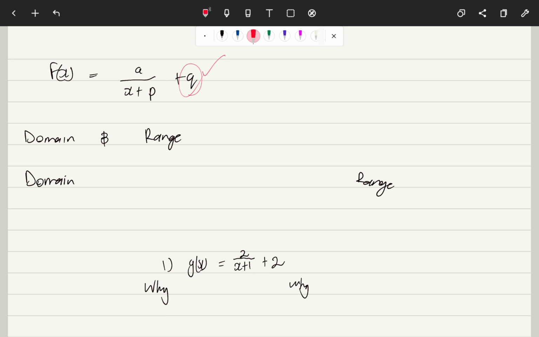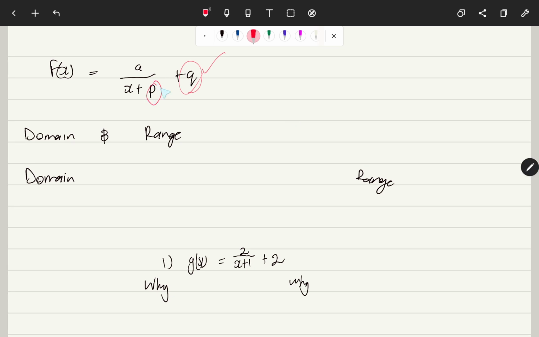And then for P, we did say P is the x value, and it is responsible for the horizontal shift, and it is the vertical asymptote.